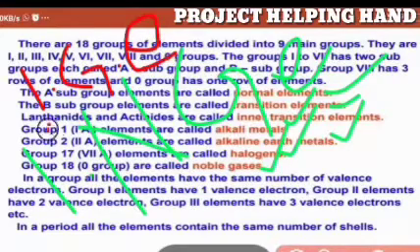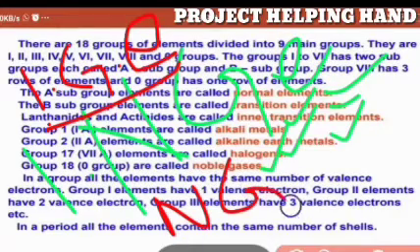Why are they called inert or noble gas? Because they are very stable, they don't have free electrons, and they satisfy the doublet and octet rules. I will explain what the doublet and octet rules are later, just know it for now.